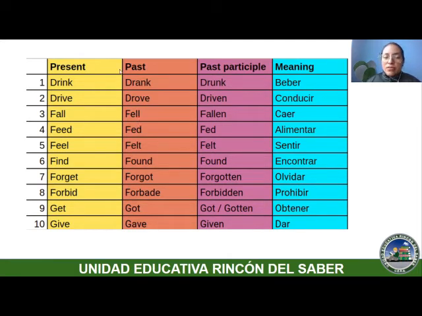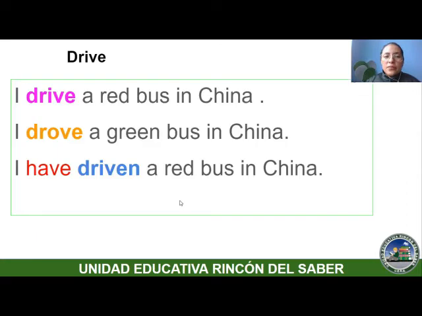Okay? La forma del verbo cambia. Now, we are going to analyze this sentence. I drive a red bus in China. Remember the structure of a sentence: subject, verb, and complement. In the second, subject, verb, and complement.